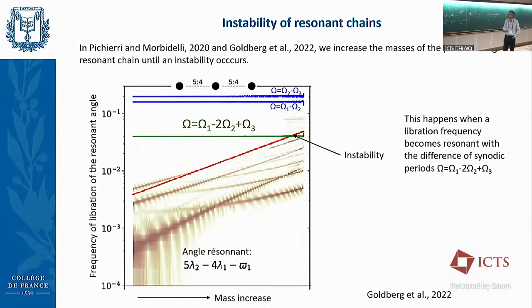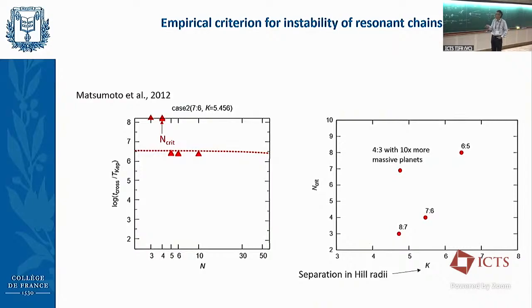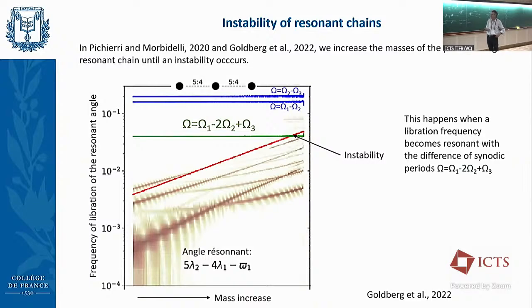And so we have done in 2 papers some experiments where we build a resonance chain with very small planetary masses, because if the planetary masses are small, the chains are very stable. And then we slowly, artificially increase the masses of the planets once they are in resonance, until the resonance chain breaks up.